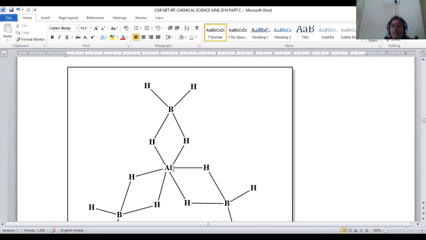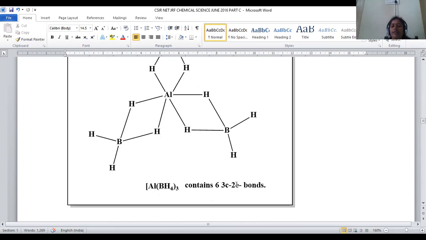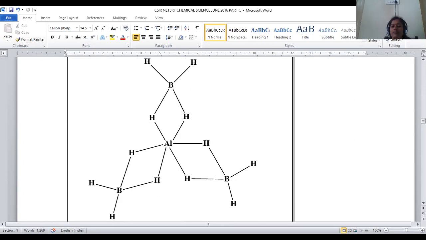Among boron, hydrogen, aluminium, how many atoms are there? Boron is 1 atom, hydrogen is 2 atom, aluminium 3rd atom. 3 atoms are there. If 3 atoms are there, 2 bonds are there. How many electrons should be there? 4 electrons should be there in general. But here, instead of 4 electrons, only 2 electrons will be there.